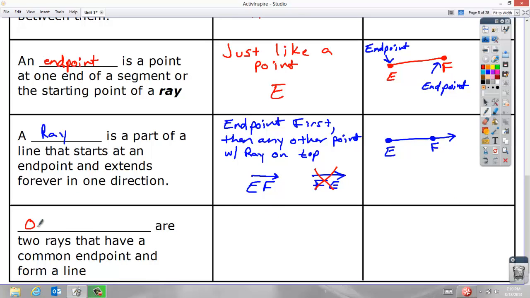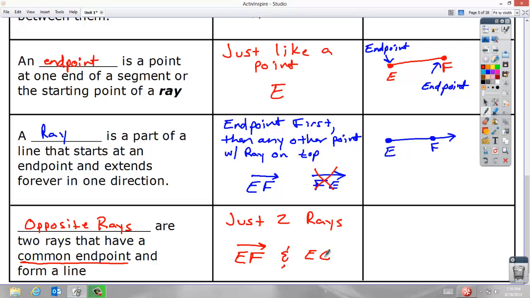All right, the last one, opposite rays, are 2 rays that have a common endpoint and form a line. So how do we write them? It's just 2 rays. So nothing exciting. So we're going to have ray EF, but the one thing that is relevant is that they have to have a common endpoint. So the other one, ray EF and ray EG.